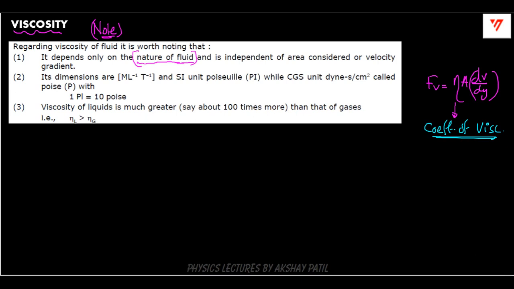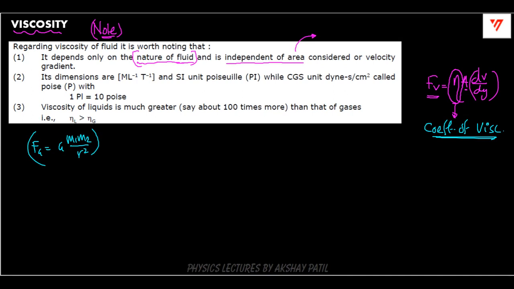And it is independent of area. Now I know most of you are confused here. See, the viscous force depends on the area, not this constant. Similarly, relating it back to your ninth class concept, the gravitational force is equal to G m1 m2 upon r square.